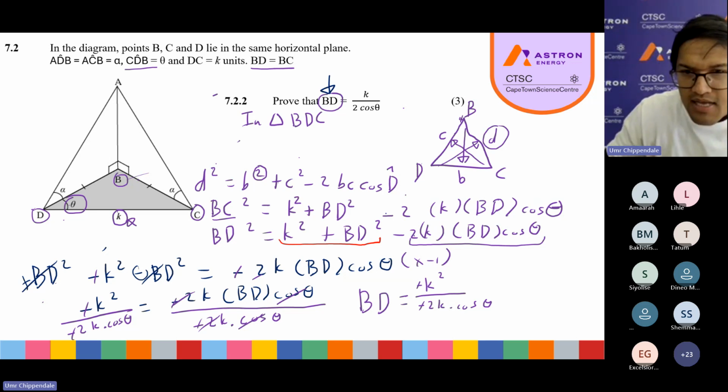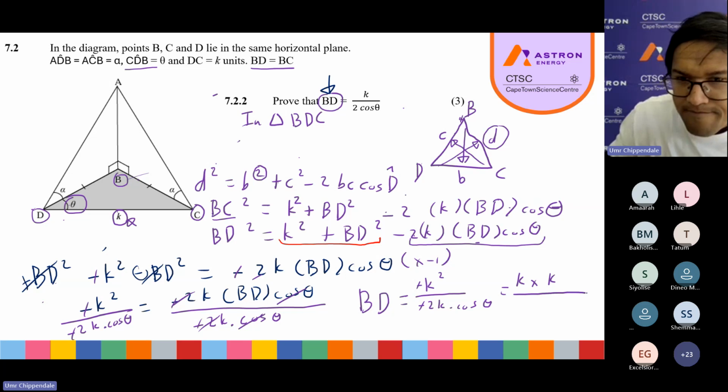Now, this is not yet done. If we have k squared, that actually means k multiplied by k, all over 2k times cos of theta. One of these k's can cancel out with one of these k's.